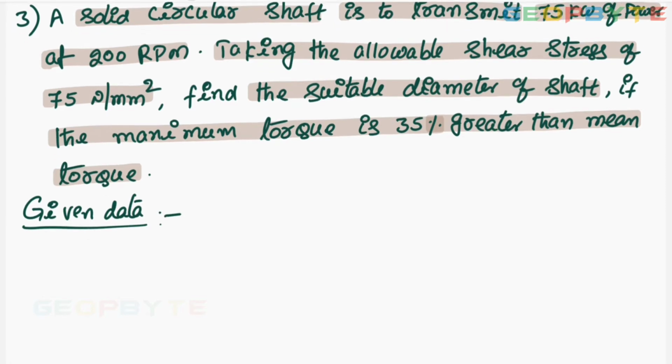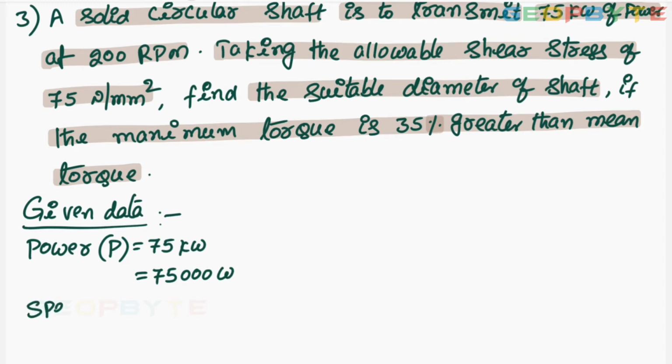Data: power transmitted by the shaft, 75 kilowatts, 75,000 watts. Speed N equal to 200 revolutions per minute.